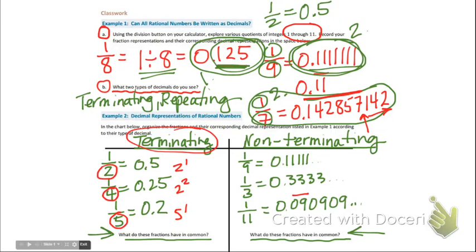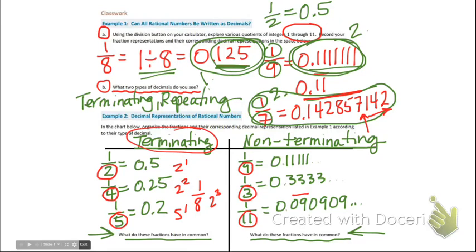We could even look at 1/8, which would qualify as well, because 8 is 2 to the third power. Over here on the non-terminating side, their denominators have at least one other factor that is different than 2 or 5.